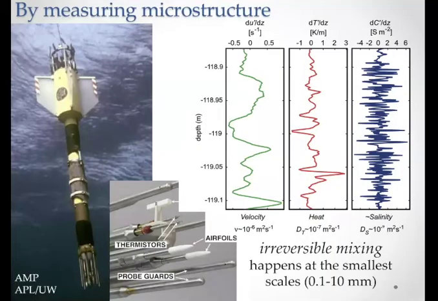At the nose of the microstructure profiler, there's a few very specialized sensors. You can see those in the center bottom here. Microstructure profilers typically have fast thermistors, the little beads at the top of the system. This is measuring temperature fluctuations at 100 hertz, very small scale fluctuations very rapidly.